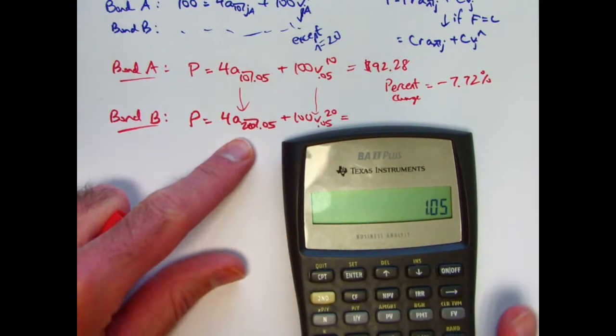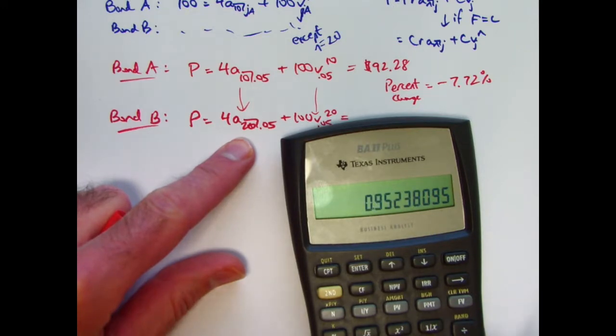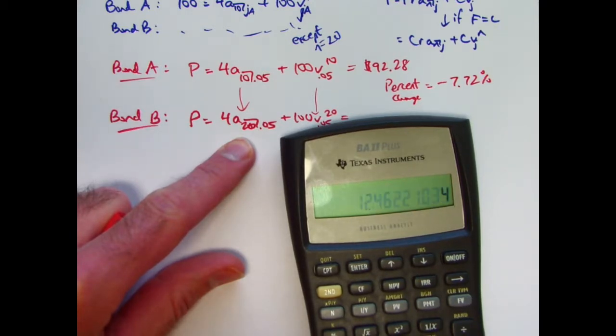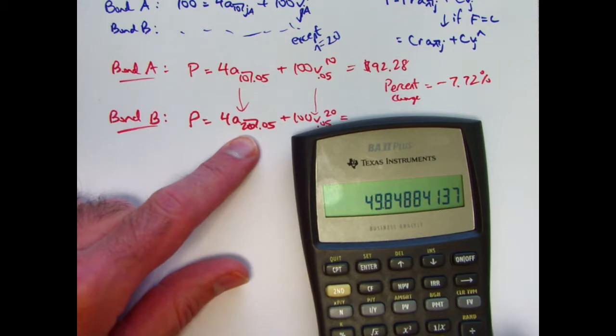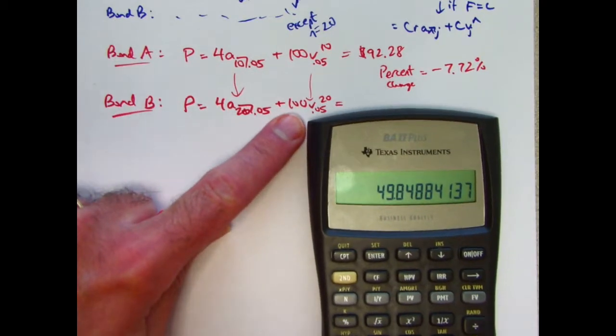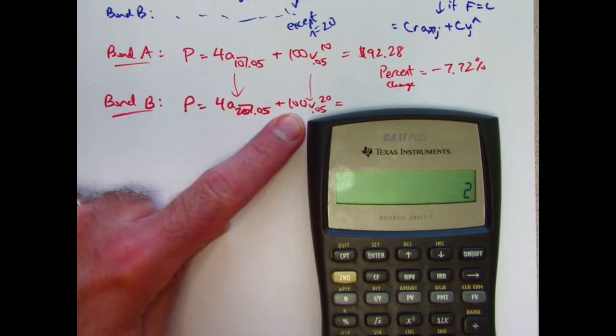1.05, reciprocal, to the 20th power now. Subtract from 1. Divide by 0.05 times 4. That is a bigger present value for the coupons. There's more of them. Store that in register 1. This goes down, but does it go down enough to make the sum smaller? I believe it does. 1.05 reciprocal to the 20th times 100.